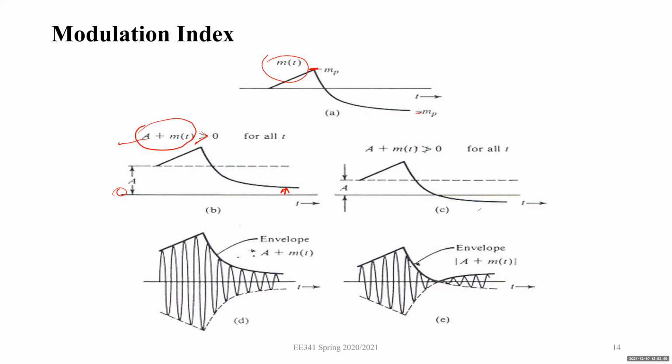If this is not greater than 0, you see part of this is going in the negative domain. A plus m(t) is the envelope, so there is a negative part here. When I take the modulus, this negative part will be removed, which I don't want. That's why the DC offset should always be greater than 0.